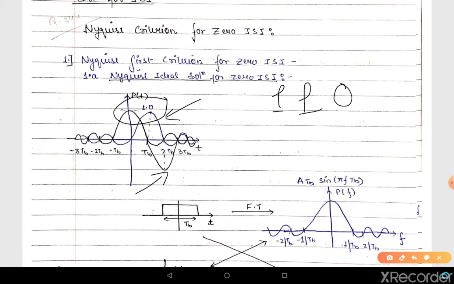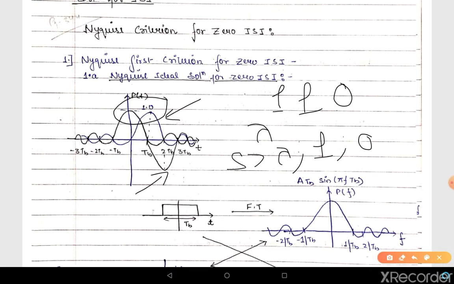What is the point of taking a sample? In digital communication, we take a sample at the optimal sampling instant and compare that sample with the threshold lambda. If my sample value s is greater than lambda, I decide in favor of bit 1, else I decide in favor of bit 0.